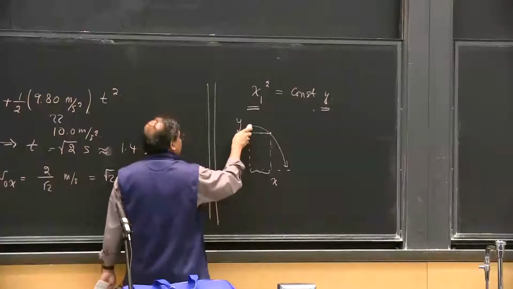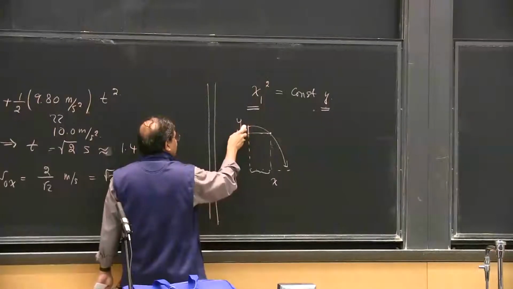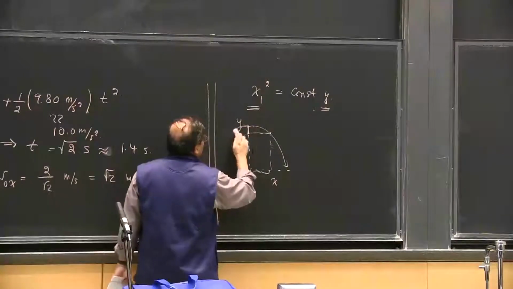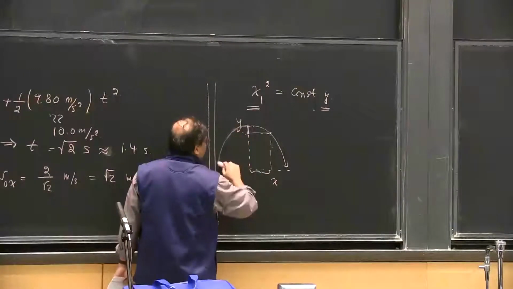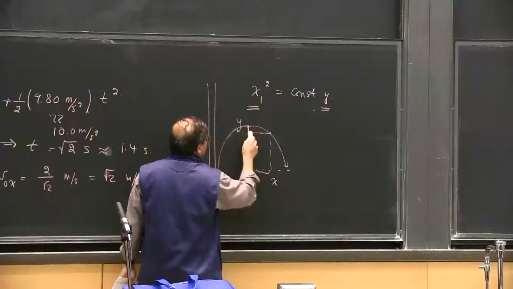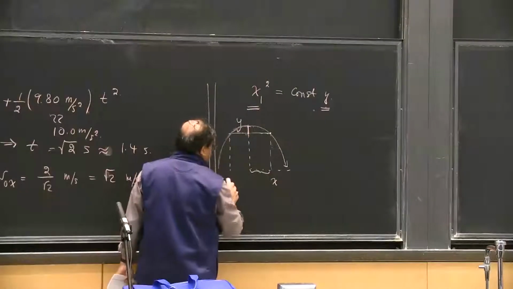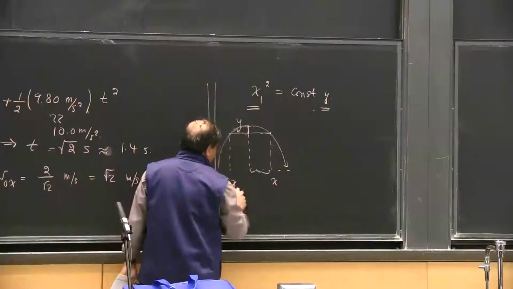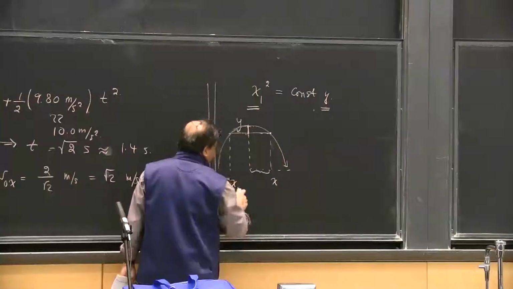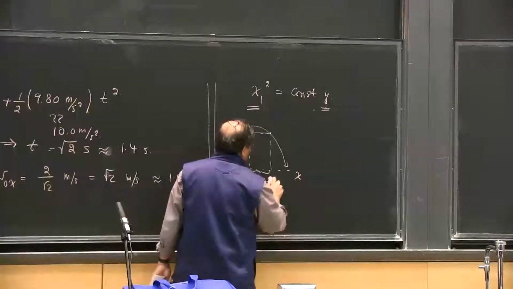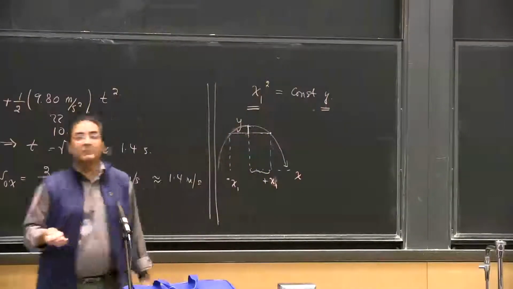Well, not exactly symmetric, but if I could think of it like that, because then I would indeed get for every value of y, two values of x. One would be here, that let's say would be some minus x1 on the x-axis, and this would then be plus x1. So that's why it's a parabola.